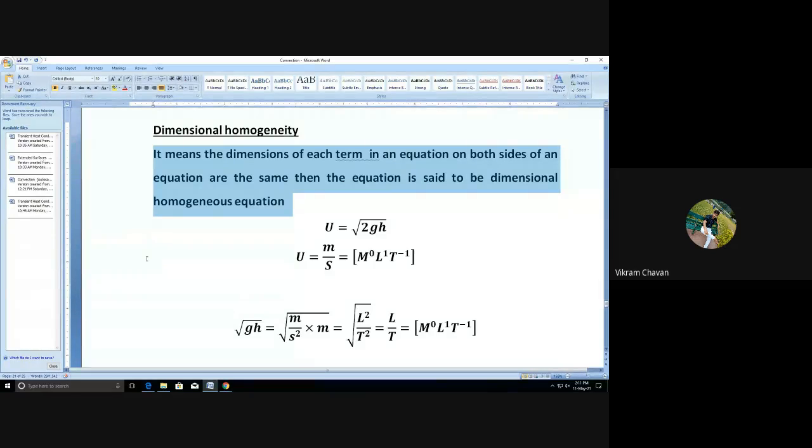Then the equation is said to be a dimensionally homogeneous equation. For the example purpose, you can write this.